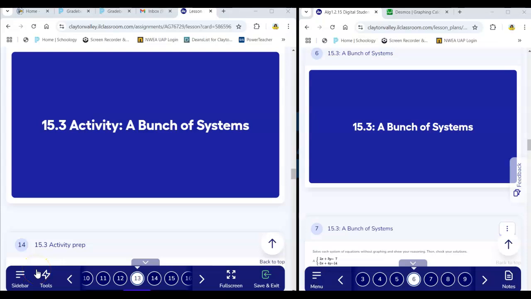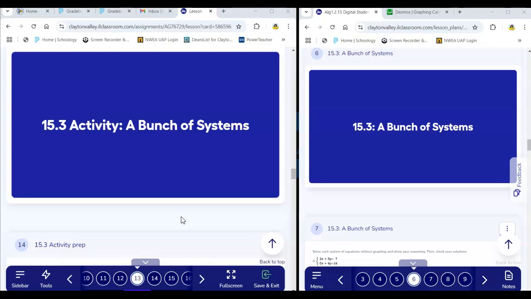Algebra 1 students, in this video we are going to take a look at the last activity for lesson 15. We're continuing to build on what we got to do and see in this lesson from the warm-up, where we were just adding numbers that were the same or combinations of numbers that equaled the same thing on both sides of an equation, and the equation still turned out to be true.